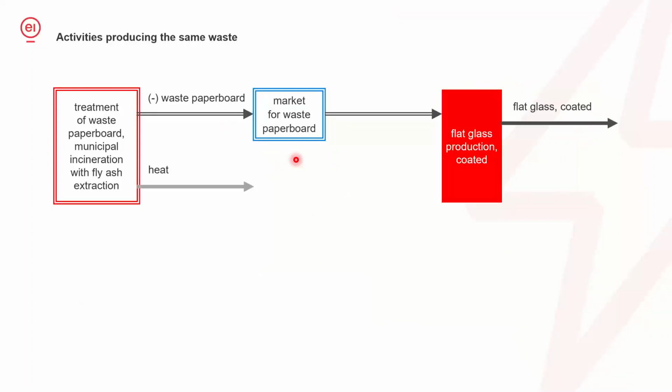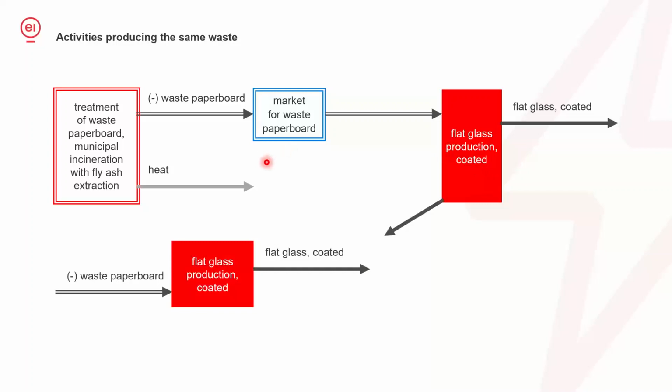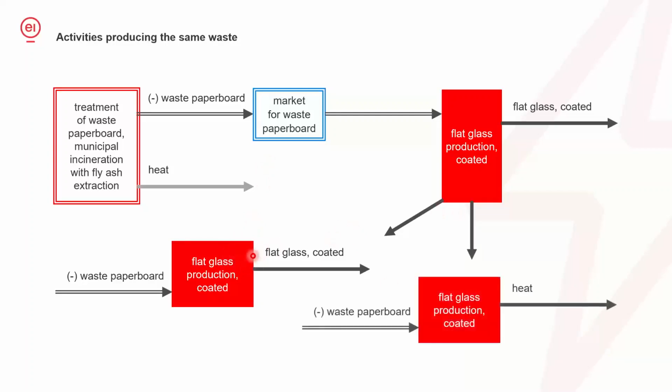In the database, we have more activities producing the same waste. So more activities where there is a treatment process that produces this valuable product of heat. For example, here we have the flat glass production coated, and in every one of these additional activities, we will need to allocate to two separate activities, one with a reference product, here the flat glass coated, and the second one having a reference product of heat.